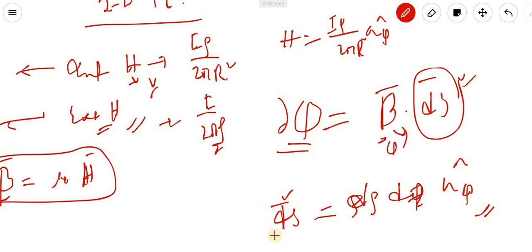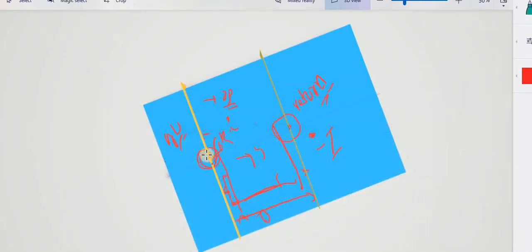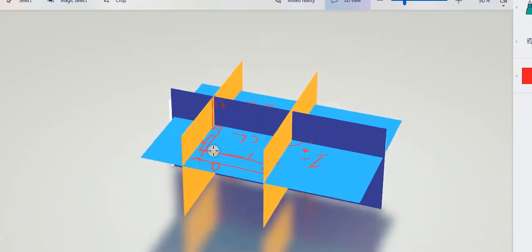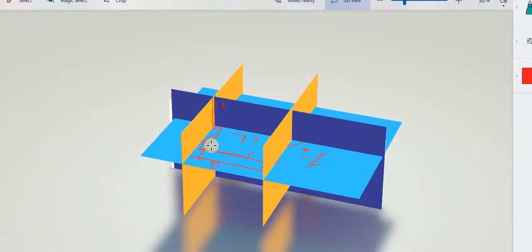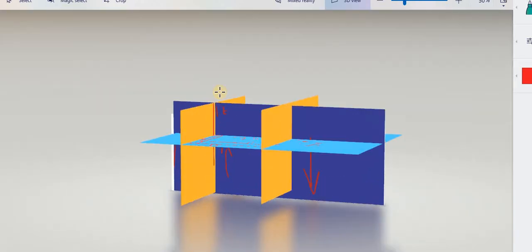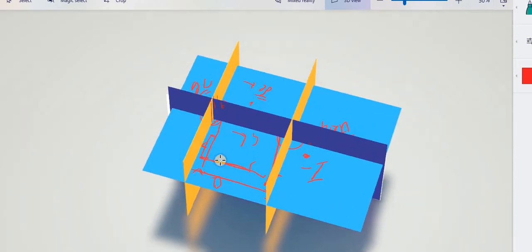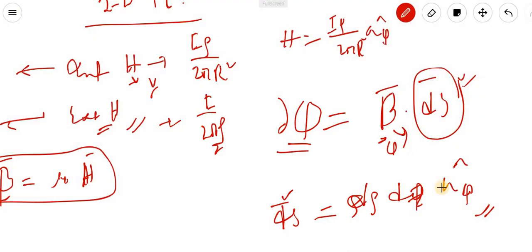The area is in the same direction as the magnetic flux density. How much flux is crossing this area? Suppose from here to here, how much flux is crossing?